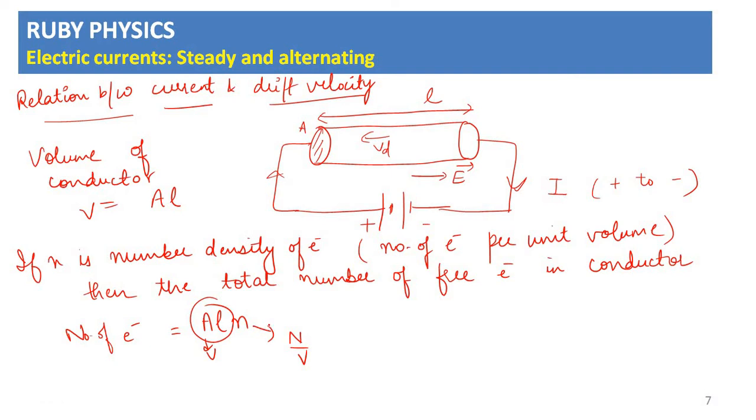And if we know the charge on each electron, the charge on each electron is equal to 1.6 into 10 to the power minus 19, and it follows that electric charge is quantized. So the total charge would be equal to Ne, where N is the number of electrons, and the number of electrons is nothing but ALn. Don't get confused here.